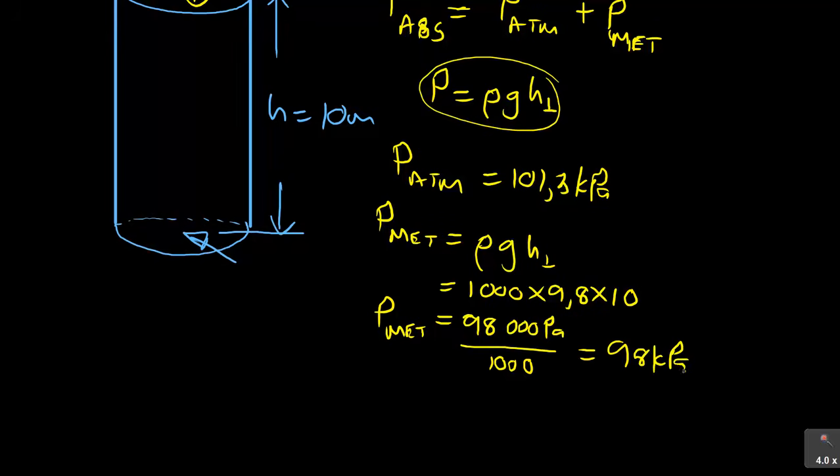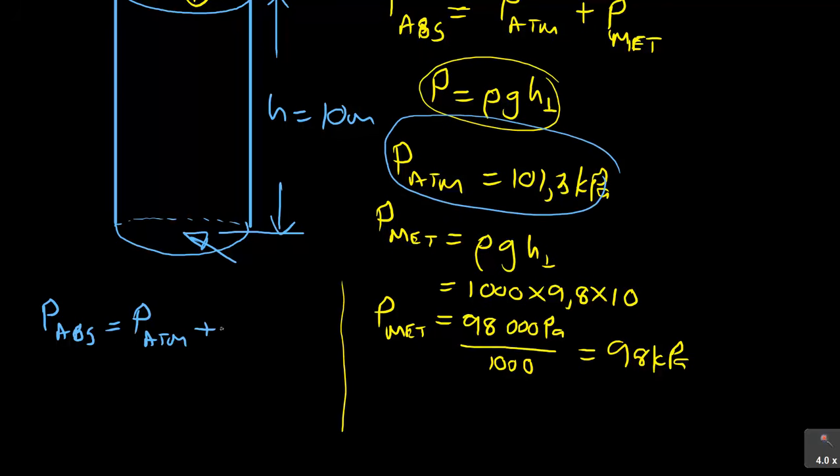So now to find the final answer, remember, absolute pressure is equal to P atm, which we have here, plus P met, which we also have there. So this will be equal to 101.3 kPa plus 98 kPa.